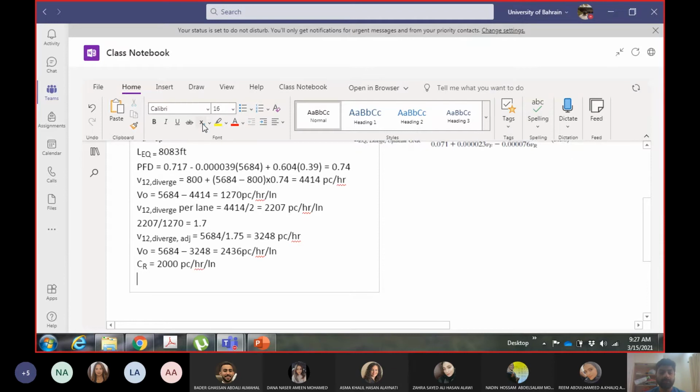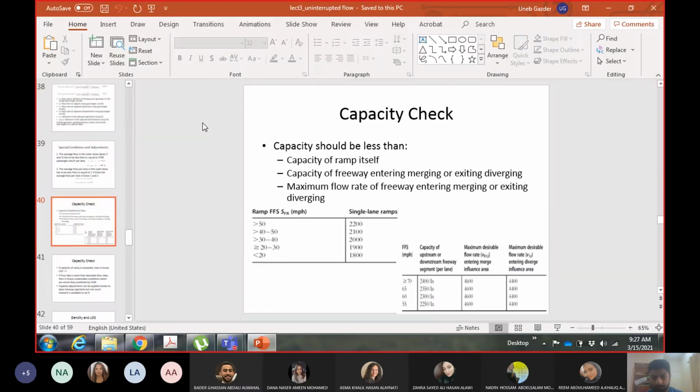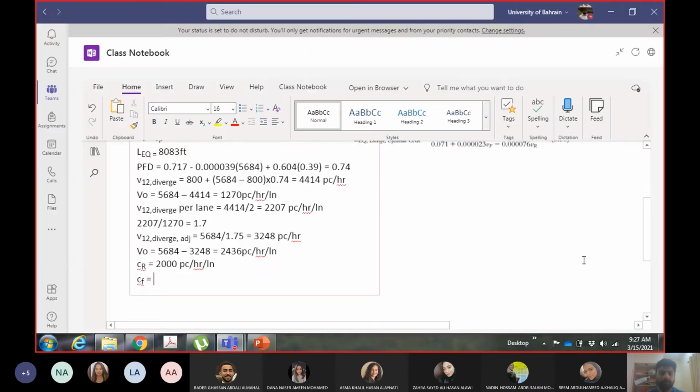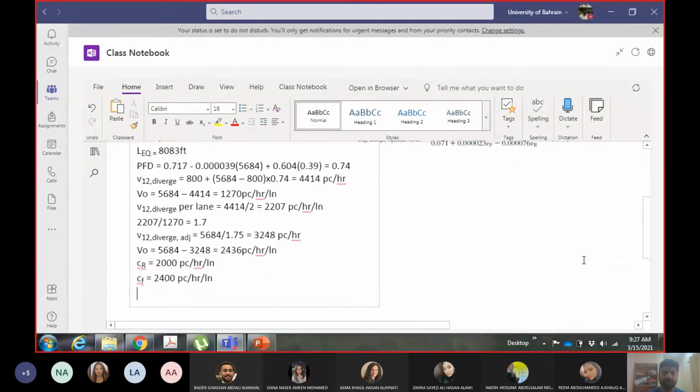Then we have the capacity of the freeway. Let me call it CF. So we have this speed, so it is 2400 passenger cars per hour per lane.